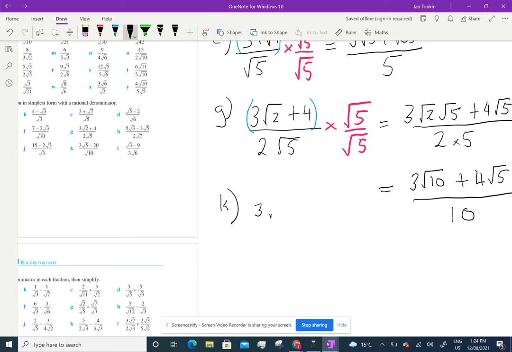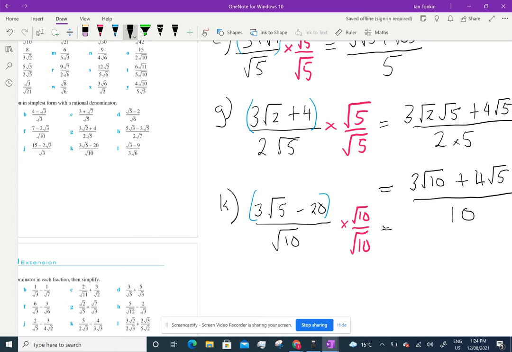3 root 5 minus 20 on root 10. Okay, so I'm going to multiply top and bottom by root 10. And what do I get? Now remember, again, I'm going to multiply those two by root 10.